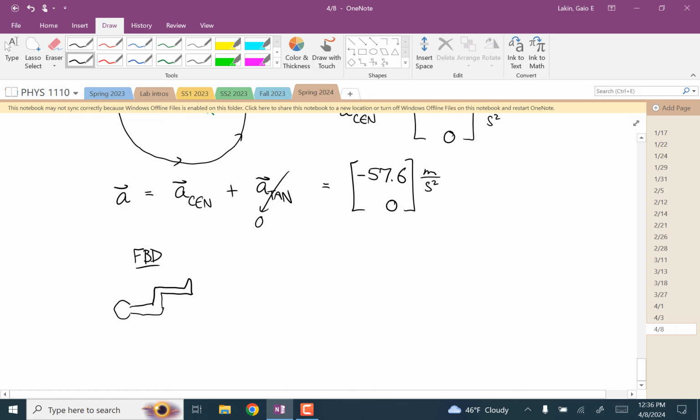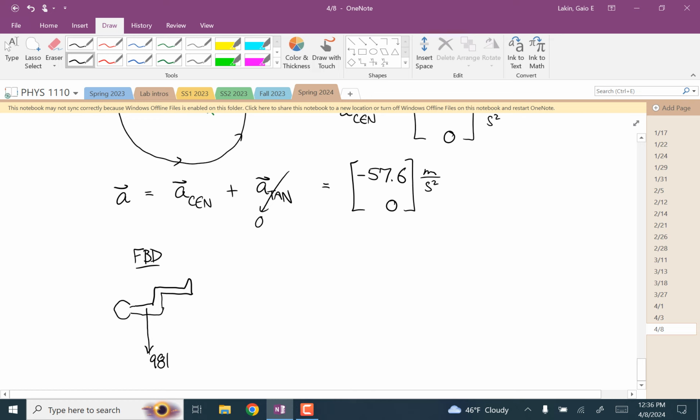Okay? And let's think about the forces that are acting on the pilot. There's a weight force down. That is the mass times 9.81, so 981 newtons down.